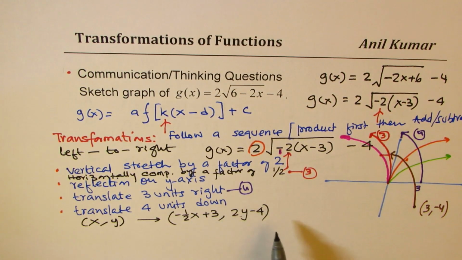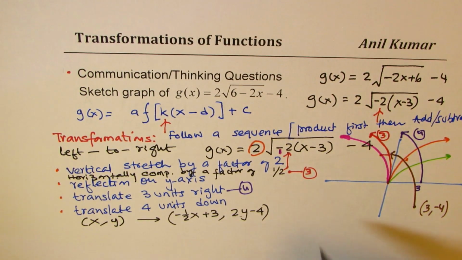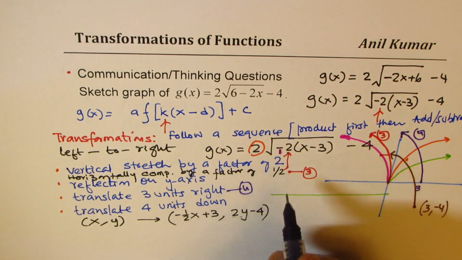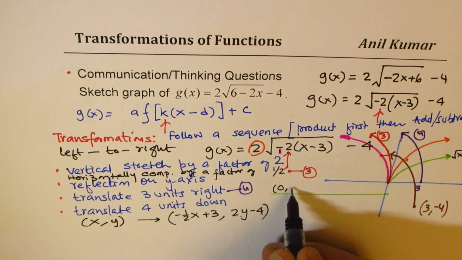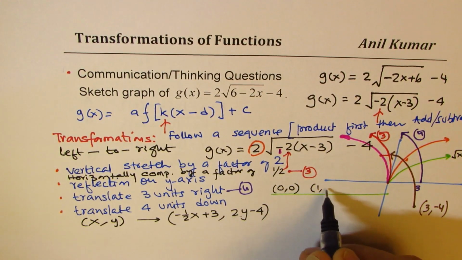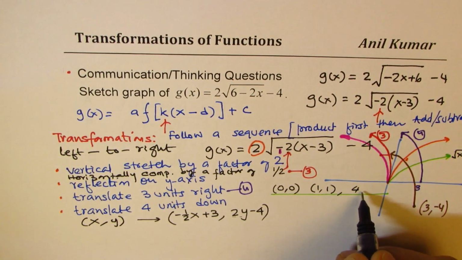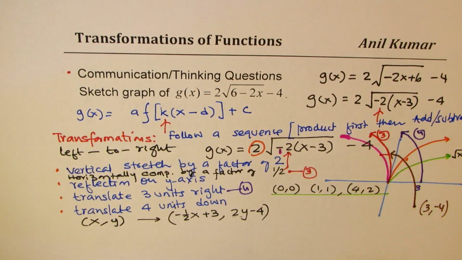As far as the points are concerned, in this small space, let me write down the points also. Okay, so what I will do here is, I'll write down the original points which are on this graph of square root x as, let's say, 0, 0, 1, 1, and let's take 3 points.